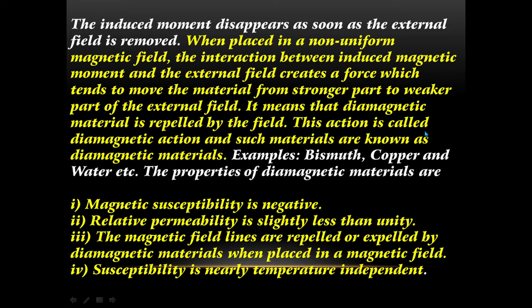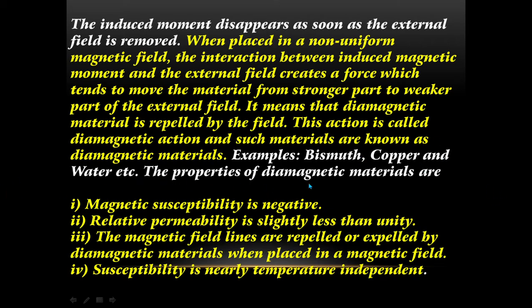This action is called diamagnetic action and such materials are known as diamagnetic materials. This is a very, very important 2-mark question. Examples of diamagnetic material are bismuth, copper and water, etc.